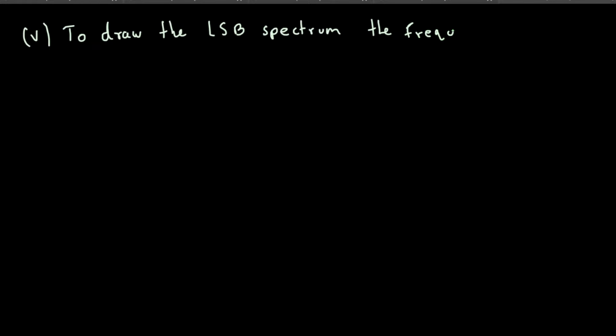So we are doing part 5 here. To draw the lower side band spectrum, the frequency components below the carrier 500 Hz are allowed.